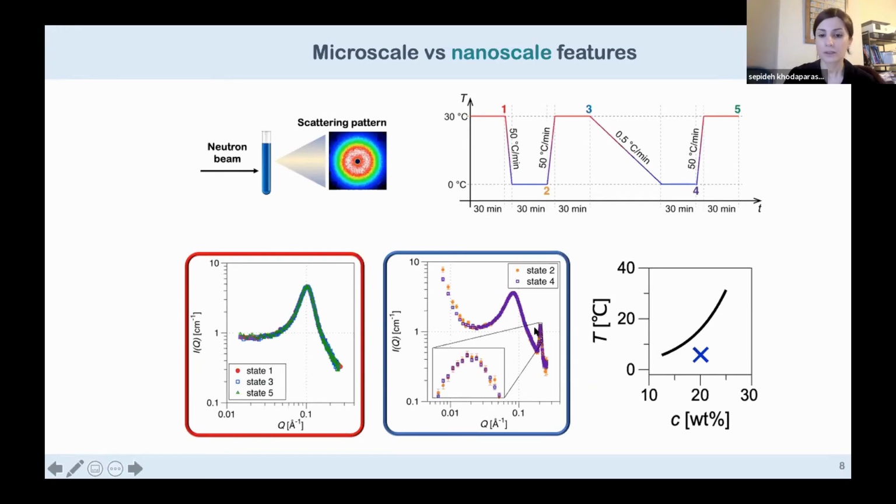The other interesting point is that depending on the bilayer spacing that we get for these structures, even though at the microscale they look very different, at the nanoscale the bilayer structure is very similar and not dependent on the rate of cooling, which means that the structure in the myelin figures is very similar to the structures in the droplets.